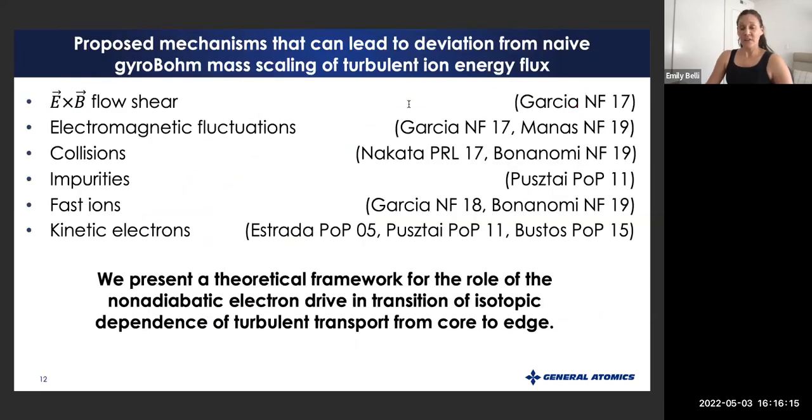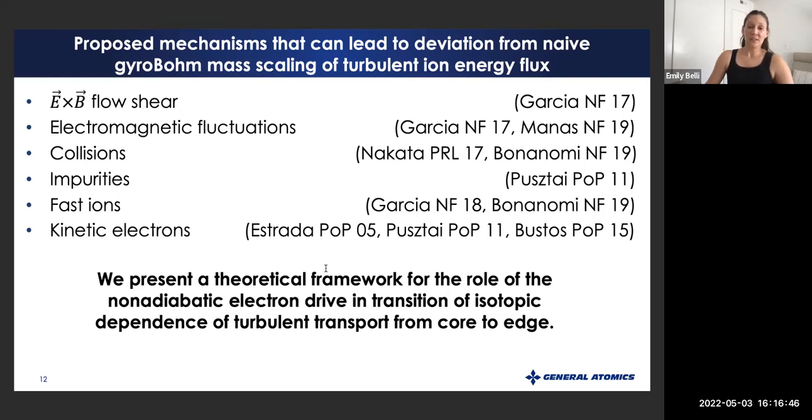Recently, several theoretical mechanisms have been proposed that can lead to a deviation from naive gyroBohm mass scaling of the turbulent ion energy flux. These include E-cross-B flow shear, electromagnetic fluctuations, collisions, impurities, fast ions, and kinetic electrons. However, most previous work has focused on the core region, and as such, a reversal of the scaling, that is, ion flux decreasing with increasing ion mass toward agreement with the experimental trend, has been demonstrated for only limited cases.